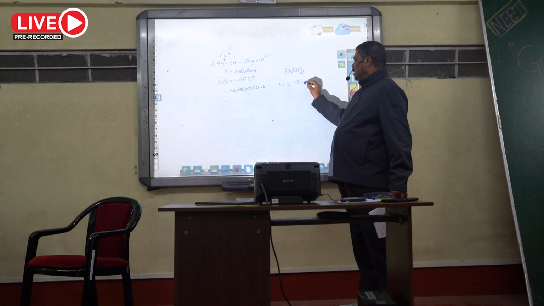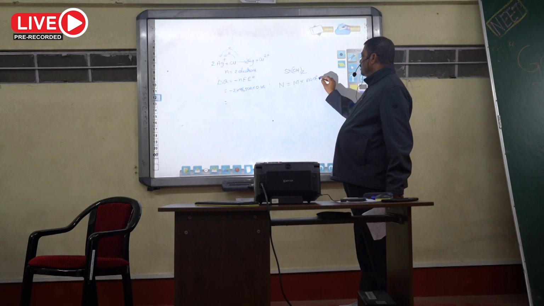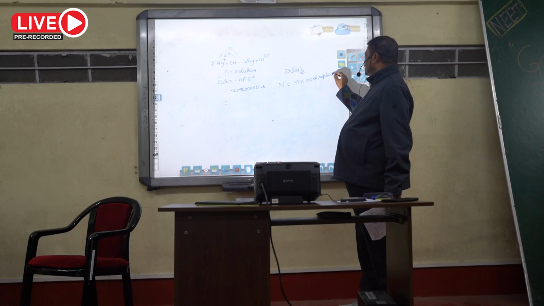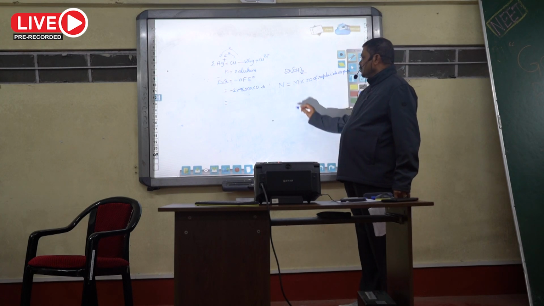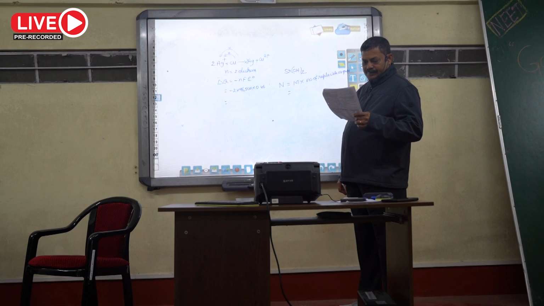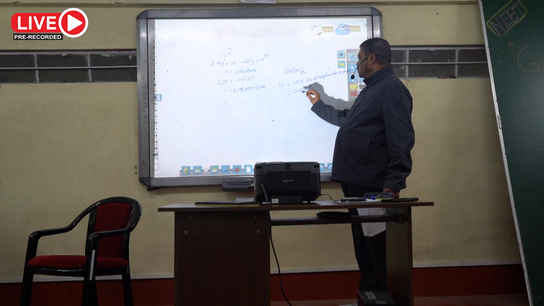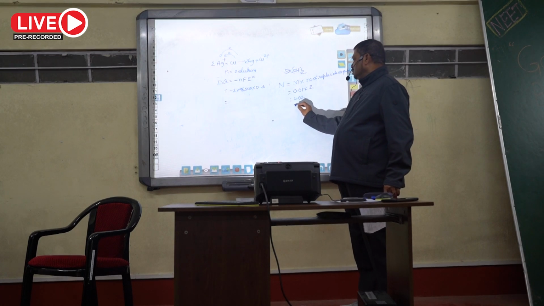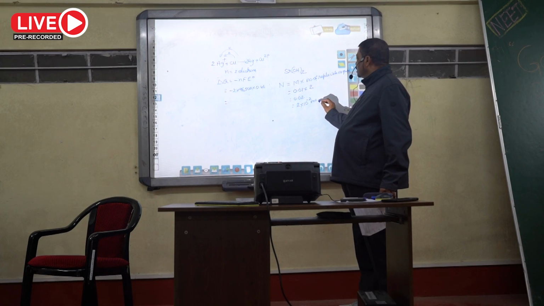Normality is equal to molarity into number of replaceable OH groups. So you have converted to normality. Molarity 0.01 into 2, that is equal to 0.02, 2 into 10 power minus 2 mole per liter, or equivalent per liter.